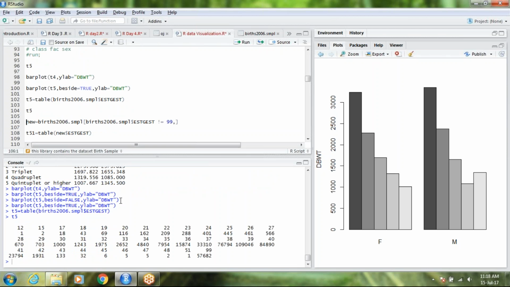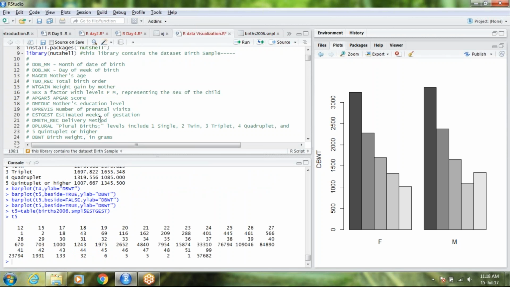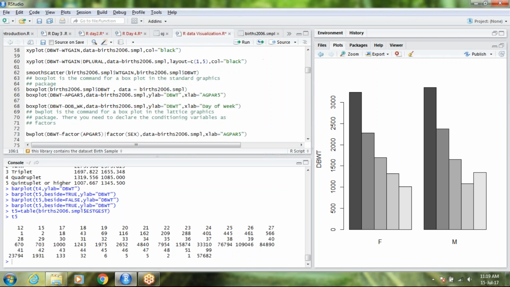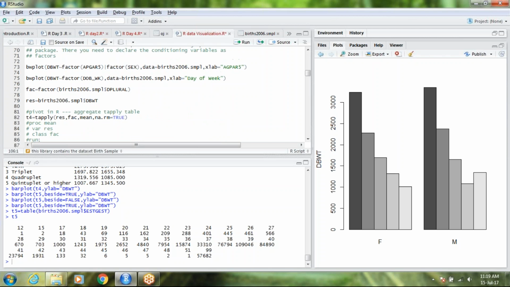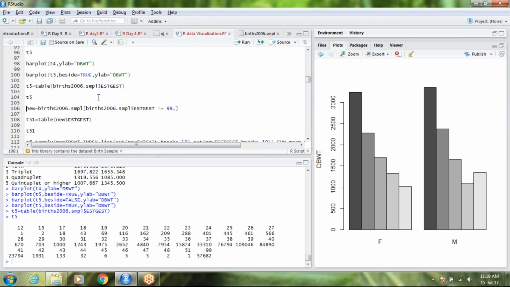So this is also one of the factors there. Let's see what this factor is all about and what description is provided for estimated weeks of gestation. There I have estimated weeks of gestation and the number associated with each of them.